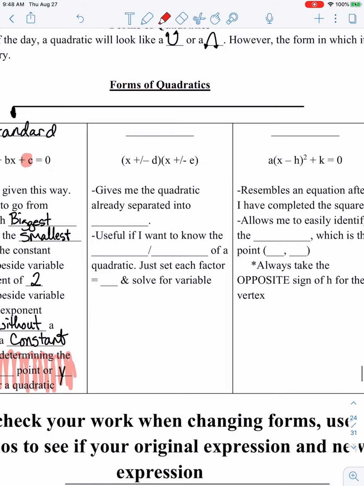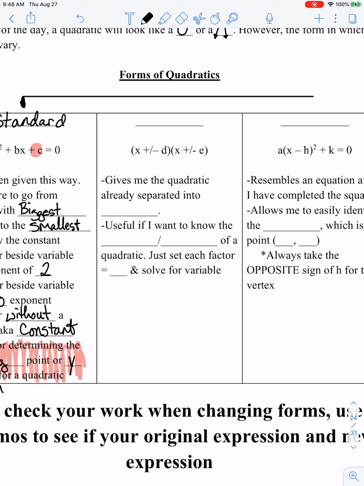Okay. The next form we're going to look at is factored form. So x plus or minus some number times x plus or minus some other number. Your factored form already gives you your quadratic separated into factors, thus the name factored form.